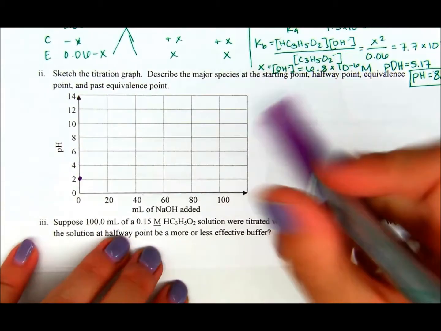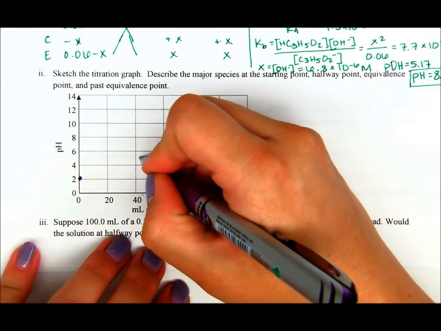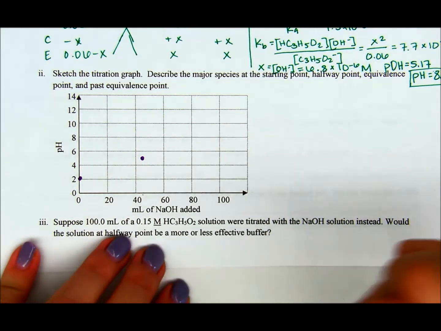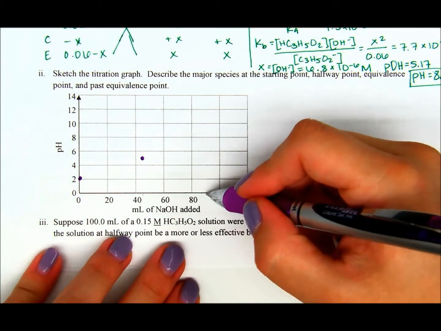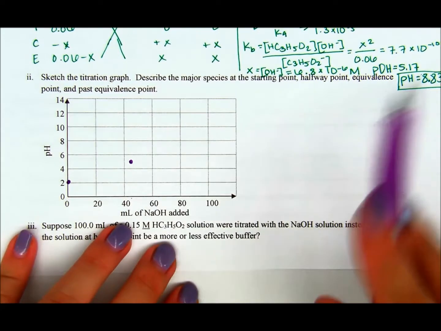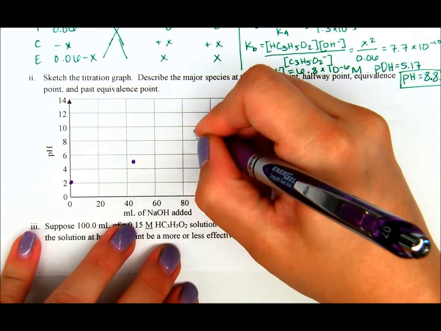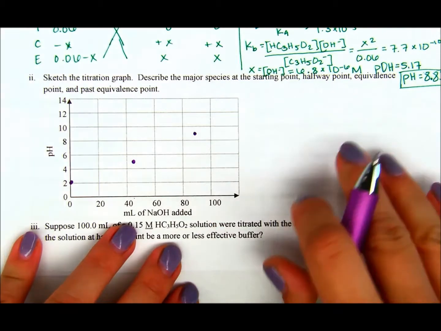So graphing that, 45 milliliters, and then we're going to go to almost 5 right about here or so. Our equivalence point required us to add 90 milliliters of sodium hydroxide. And when we added 90 milliliters, we calculated our pH to be 8.83, almost 9. So 90 is about here. pH of about 9 is right about there, a little lower.